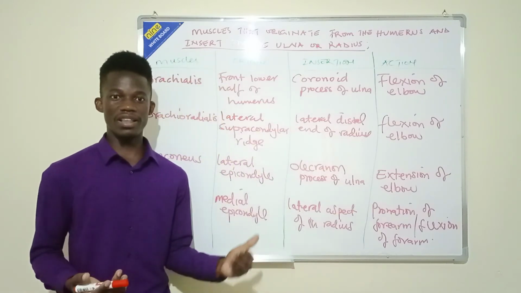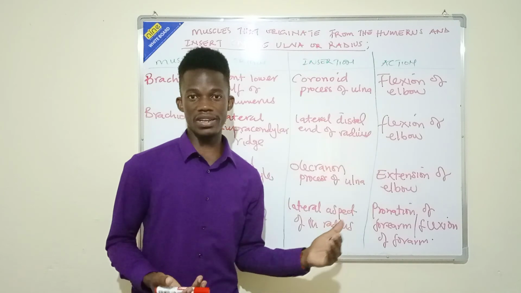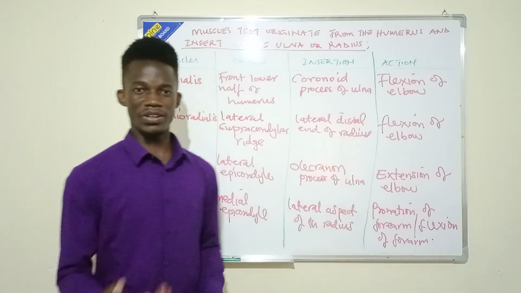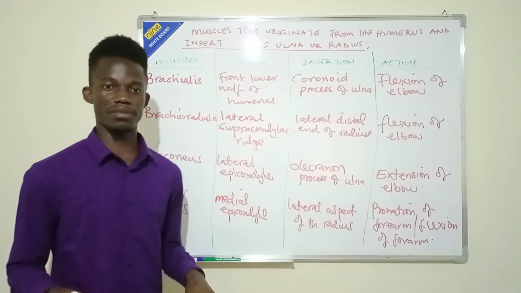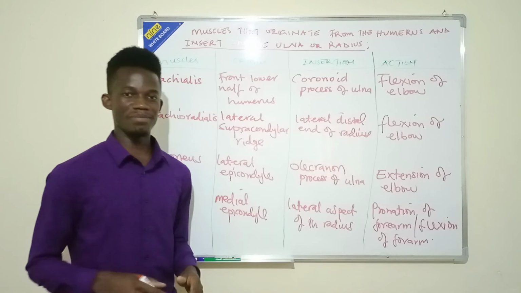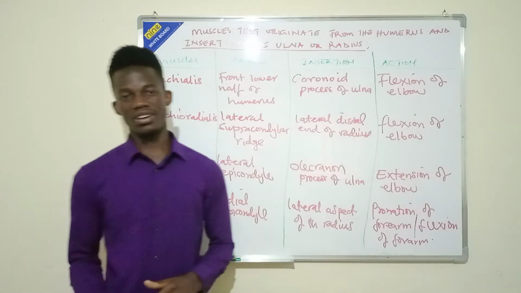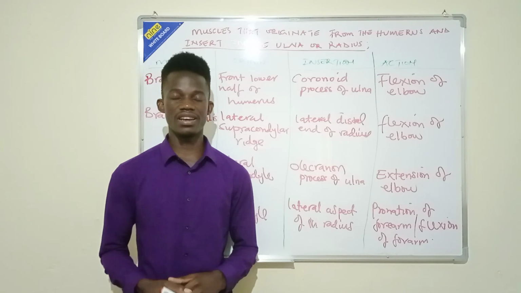It makes its insertion onto the olecranon process of the ulna, meaning we don't consider it among the muscles that specifically originate from the humerus and then make their insertion onto the two bones of the forearm, that's the ulna and the radius.